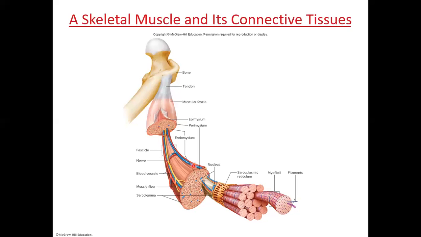And then a bunch of muscle fibers with their endomysia all together makes up a fascicle. So each of these is a fascicle. And then surrounding those is the perimysium. And then a bunch of fascicles and their perimysia all bundled together make up the whole muscle, which is then surrounded by an epimysium, which is then surrounded by a fascia.